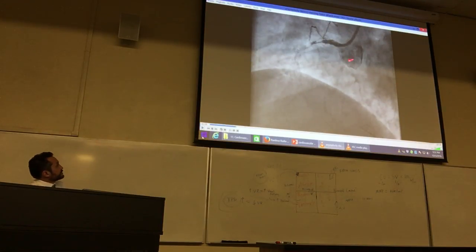Okay, so here they've got a catheter. Here's the end of the catheter. They're injecting contrast agent. It shows up dark. The contrast agent fills these vessels that move this way, a little bit in the background this way. But there's this large vessel that should go all the way down here. And the reason you know it goes all the way down here is here's where their wire is.